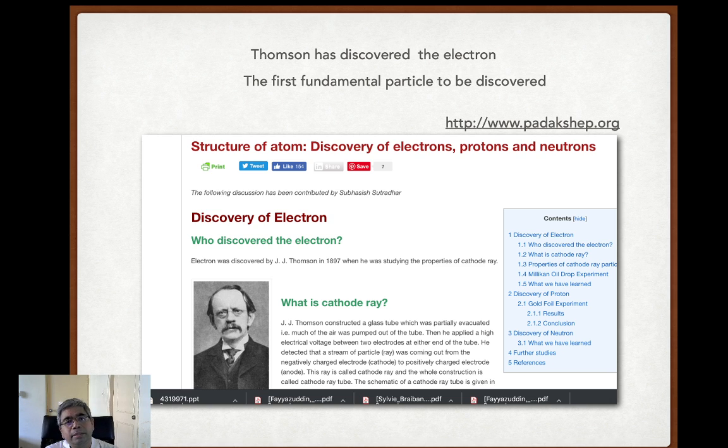So you have seen this discovery of the electrons, and for a while this is typically known as the first fundamental particle ever discovered. It was discovered by J.J. Thomson, as I have said, essentially, in cathode rays.